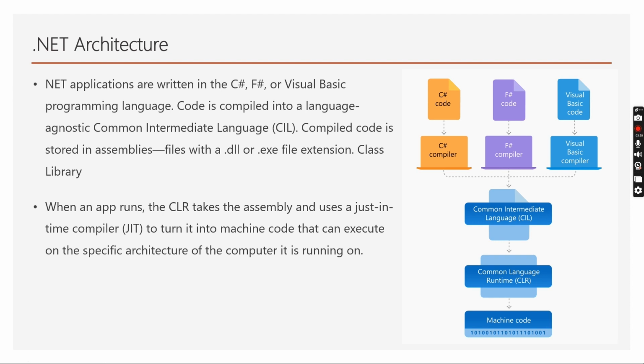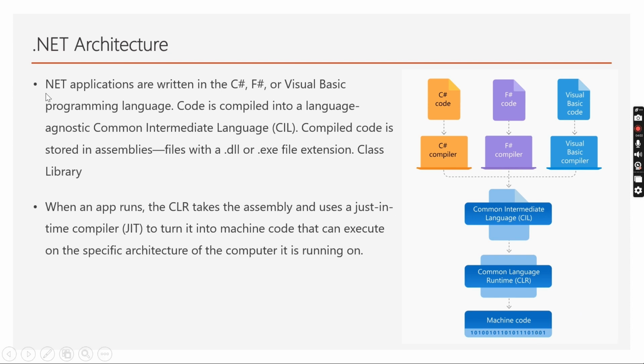Then whenever we run the app or make use of that DLL, the CLR comes into the picture, takes that assembly, uses the just-in-time compiler, and converts that DLL or exe file into machine code so that the system can understand.